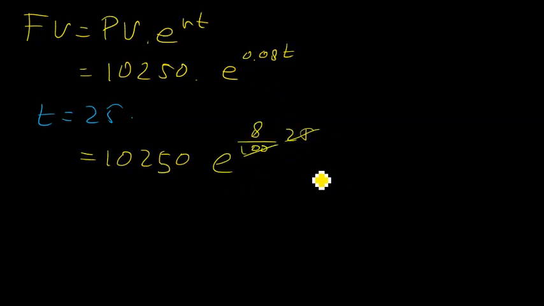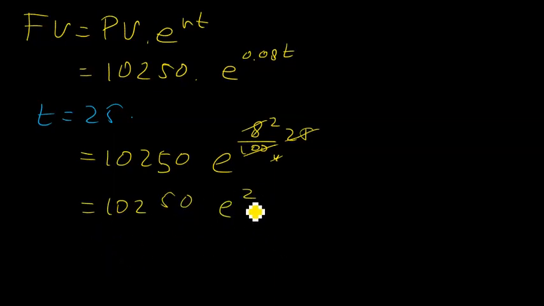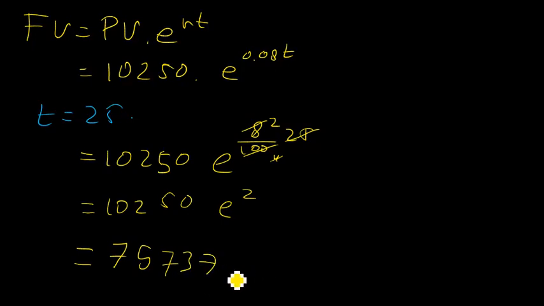Cross cancelling and dividing, this becomes 10,250 e to the power of 2, and if you put in the number for e to the power of 2, this becomes 75,737.8283 to be exact. All right, so that's the answer.